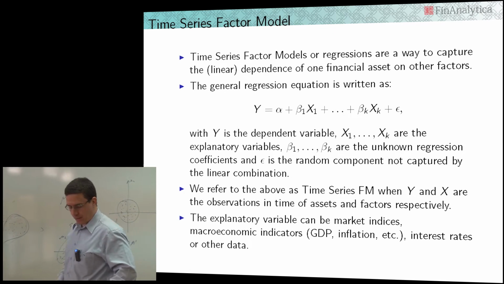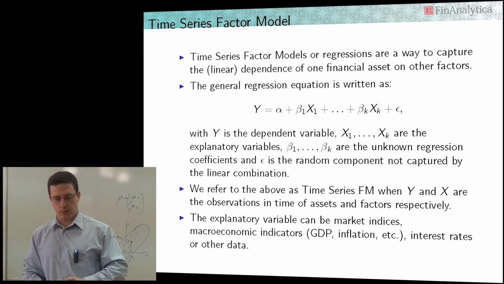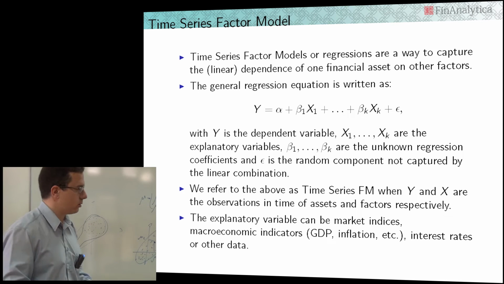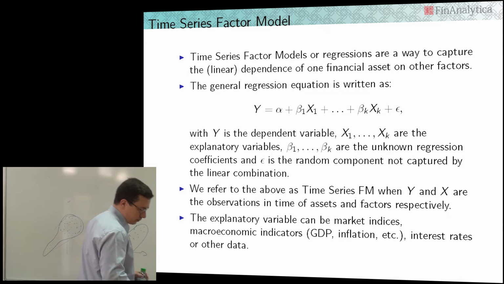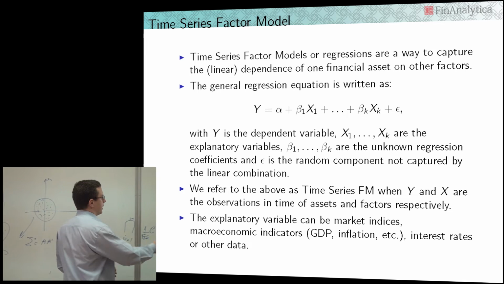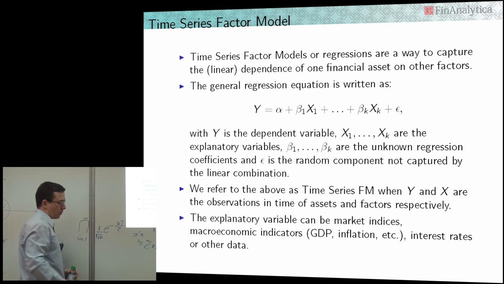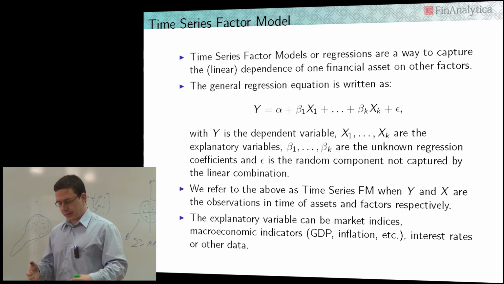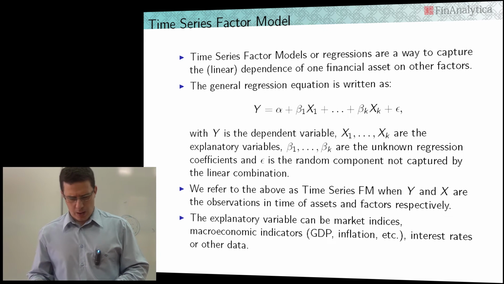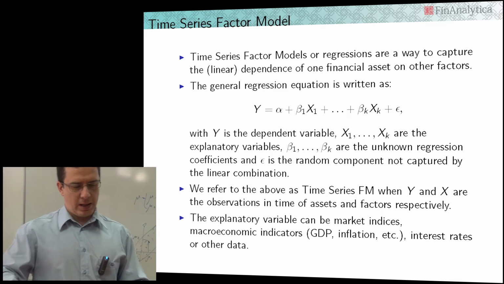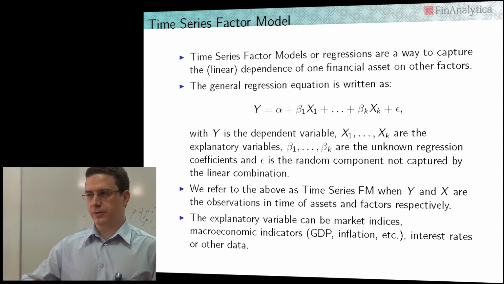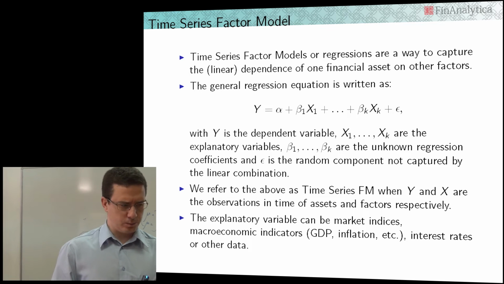So we get to the last topic we're going to cover this hour, and basically the idea is, okay, we have our asset and we want to explain its movement with something else. Say, for example, we're looking at the log return of an equity.